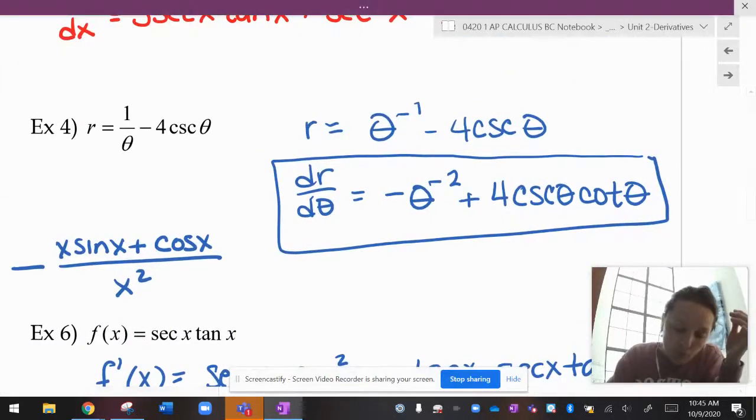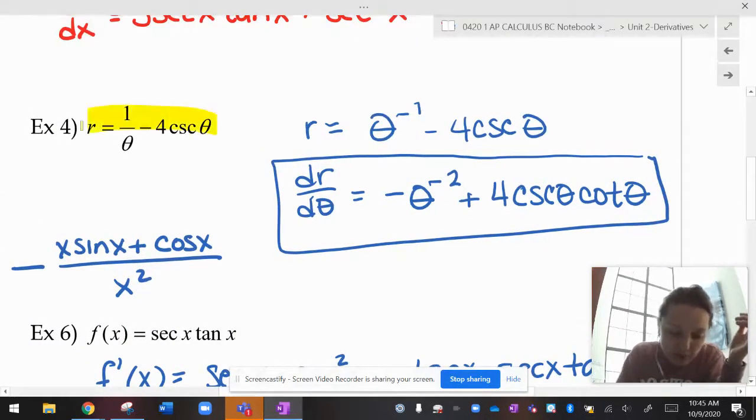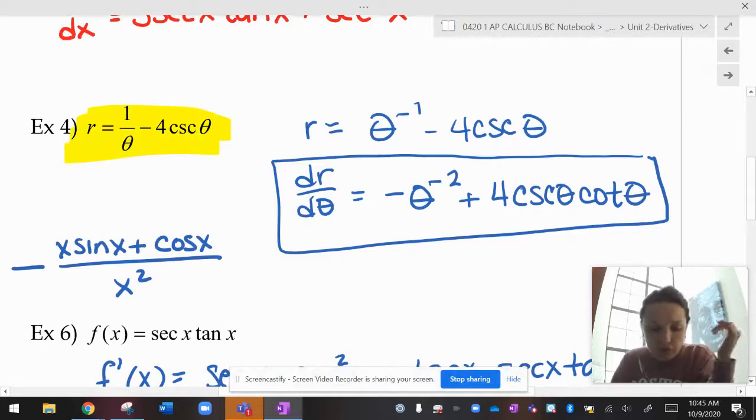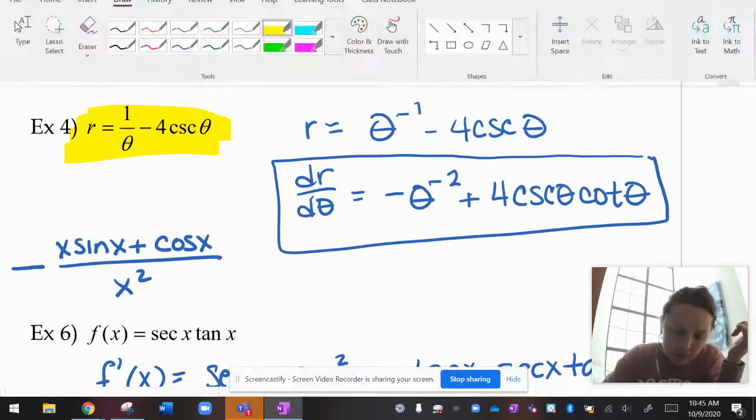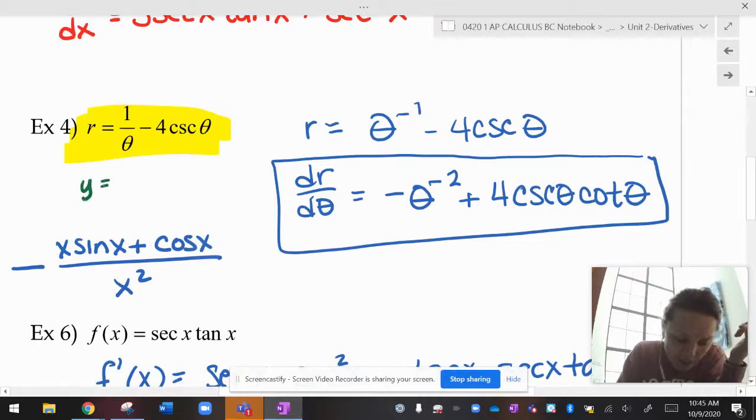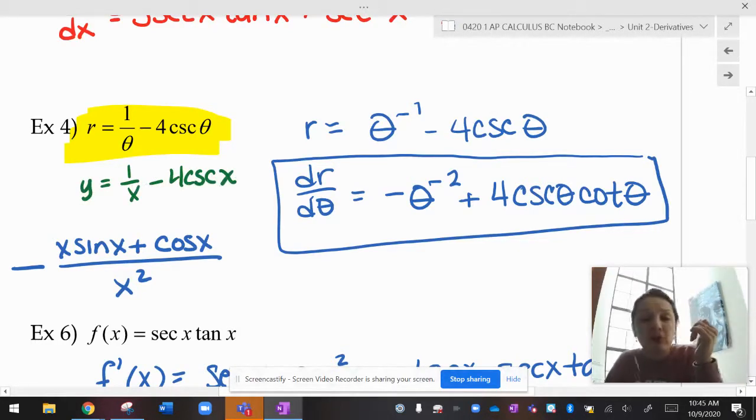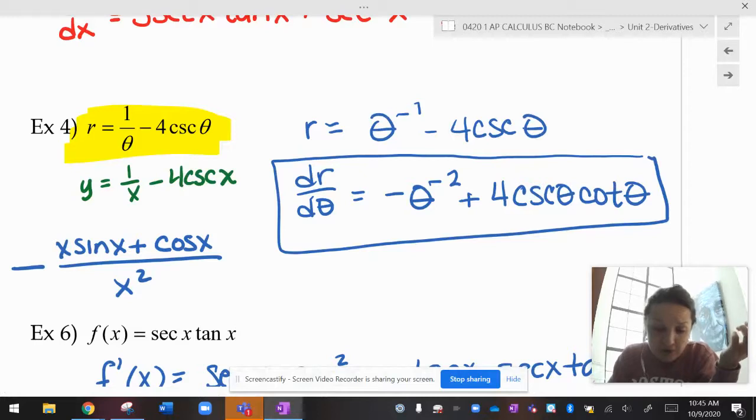On number 4, one of the things you have to realize here is I can use whatever variables I want. R equals 1 over theta minus 4 cosecant theta is the same as y equals 1 over x minus 4 cosecant x. Same thing. So when I take the derivative, instead of dy dx this time, it's dr d theta. So I think of it as theta to the negative 1 minus 4 cosecant theta. The derivative of theta to the negative 1 is negative theta to the negative 2, power rule.